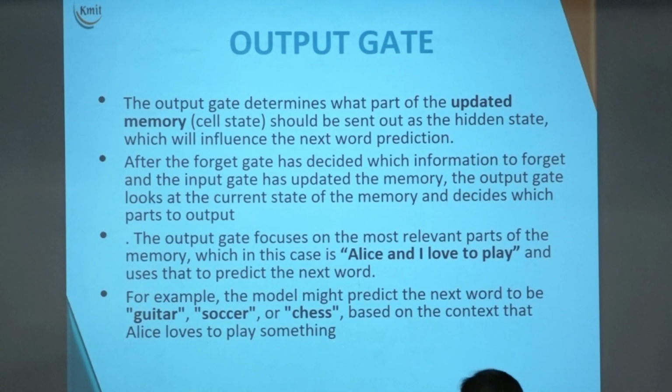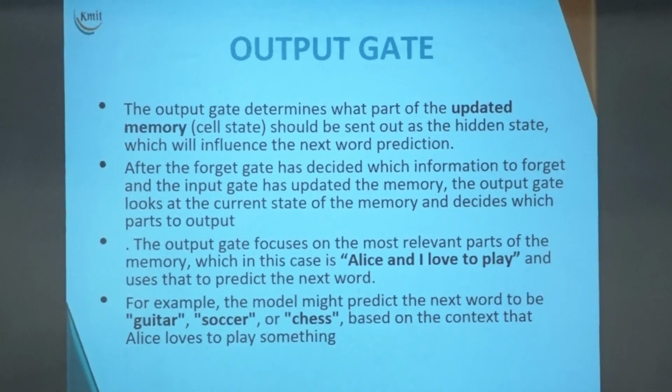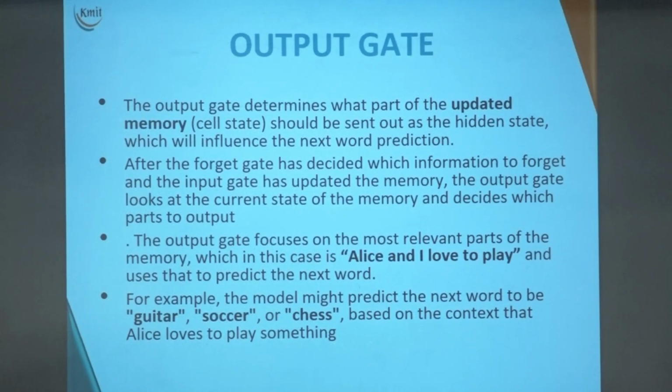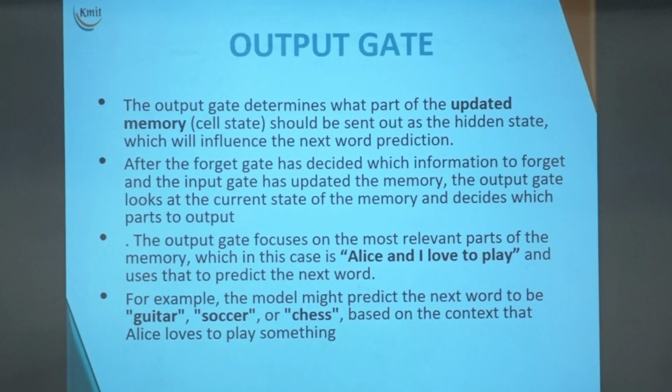So, as I was explaining, let's see an example. The output gate determines what part of the updated memory should be sent out as a hidden state, which will influence the next word prediction. After the forget gate has decided which information to forget, and the input gate has updated the memory, the output gate looks at the current state of memory and decides which parts to give to the output.